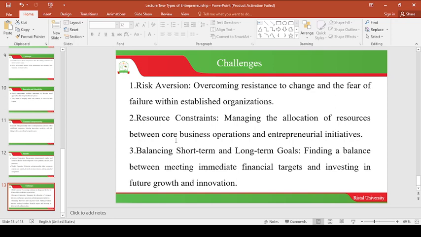At the end of the month, you need to take care of the wage bill, you need to take care of the rent. All that is under short term. How about the long term? So it becomes challenging if you want to balance it because you might find that you need money in the short term and at the same time you need to invest money for the future. So these are some of the challenges facing corporate entrepreneurship.